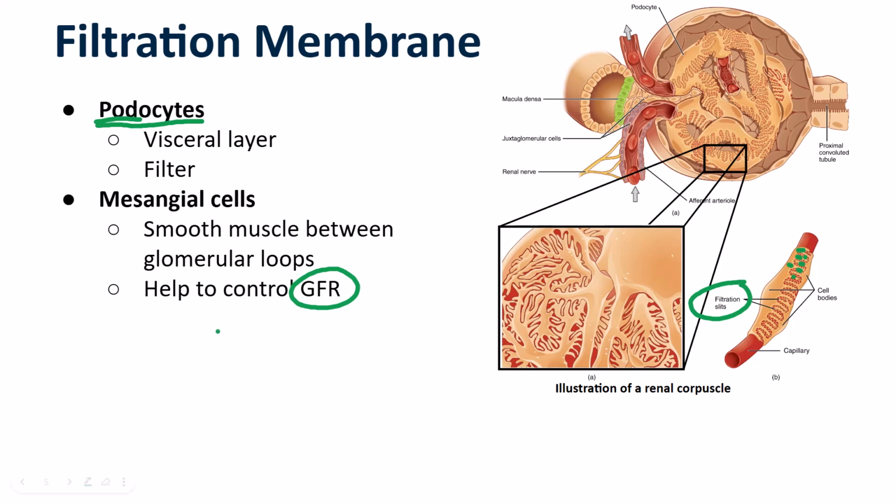Generally, however, GFR, glomerular filtration rate, is going to be proportional to blood pressure. So as blood pressure increases, so does glomerular filtration rate. As the flow of blood increases, so as afferent arterioles dilate or get larger, glomerular filtration rate increases, as we'll see.